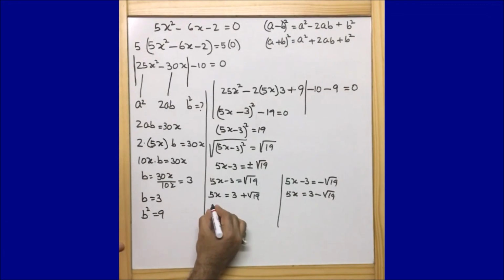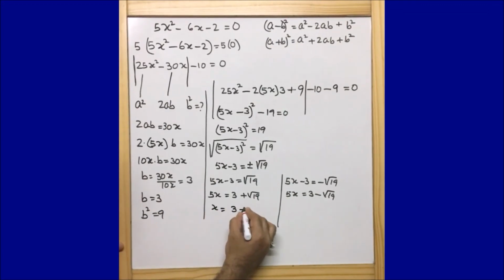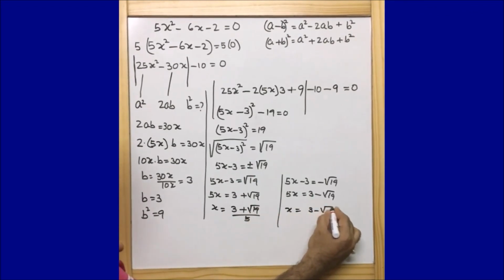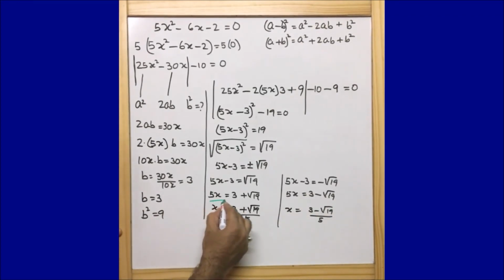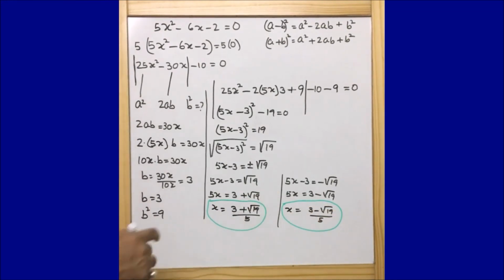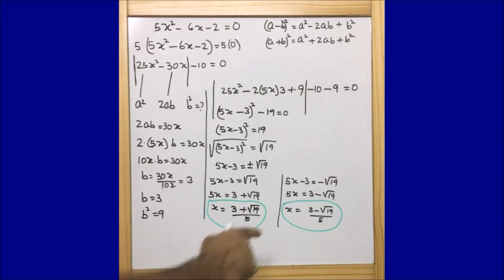Or I can write x is equal to 3 plus root 19 upon 5. Similarly, x is equal to 3 minus root 19 upon 5. So guys, these are the two roots of the equation that we got. One is x equals 3 plus root 19 by 5, and the other root is x equals 3 minus root 19 by 5.